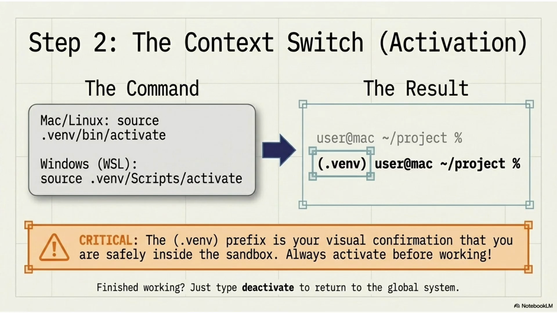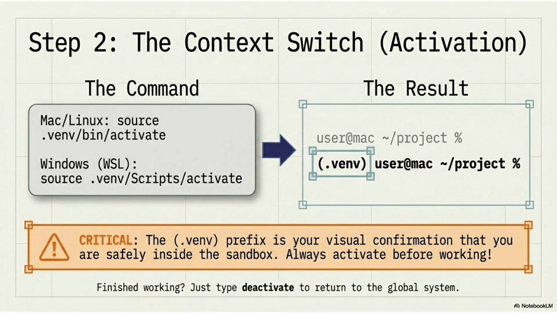The result is immediate and visible. Your prompt changes from user at Mac ~project to (.venv) user at Mac project. That parentheses .venv prefix is your visual confirmation that you're safely inside of the sandbox.